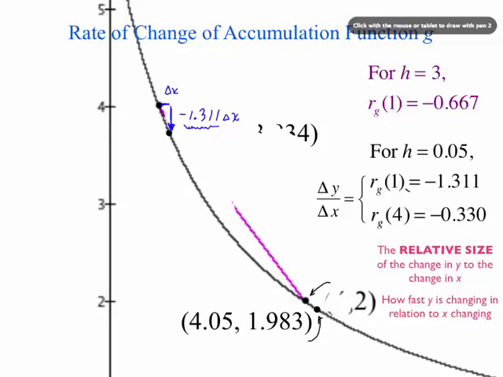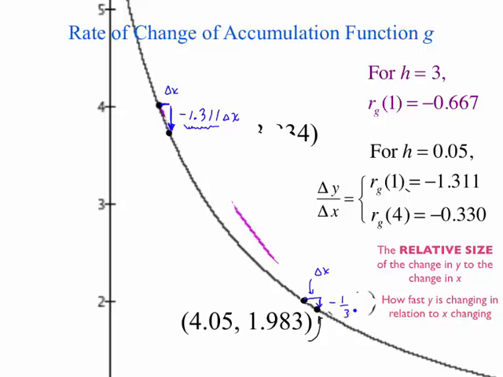And so now when we get down to x equals 4, what happens now? We get a change in x. How much does y change now for a change in x? 1/3. It decreases by 1/3 as much.